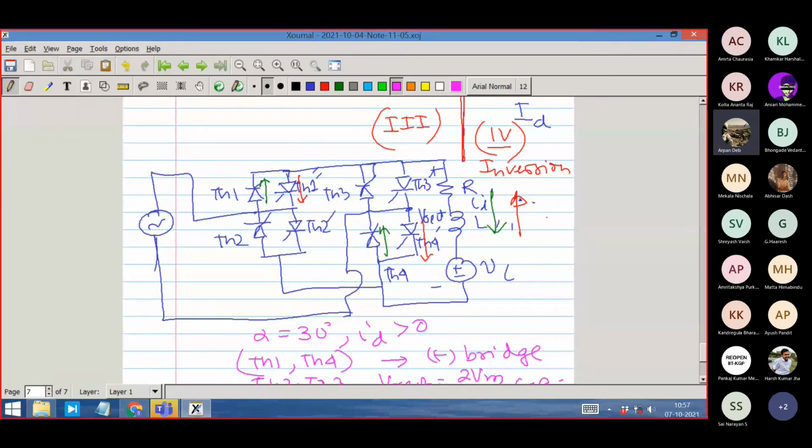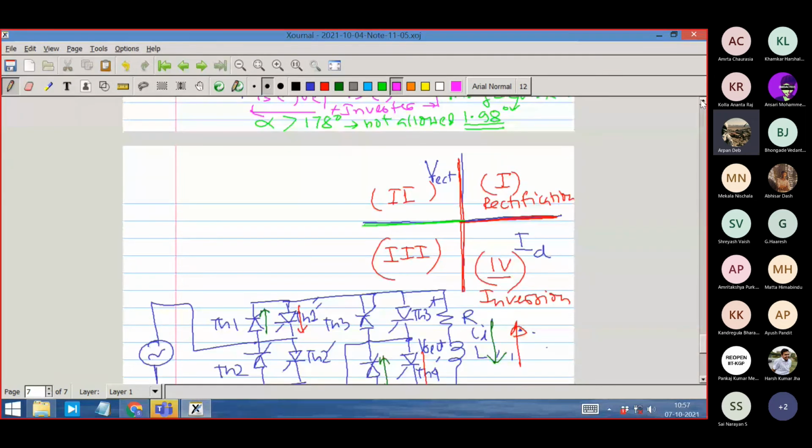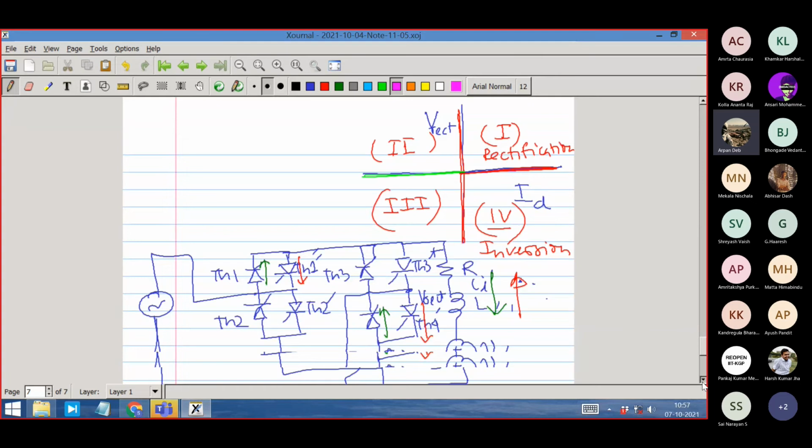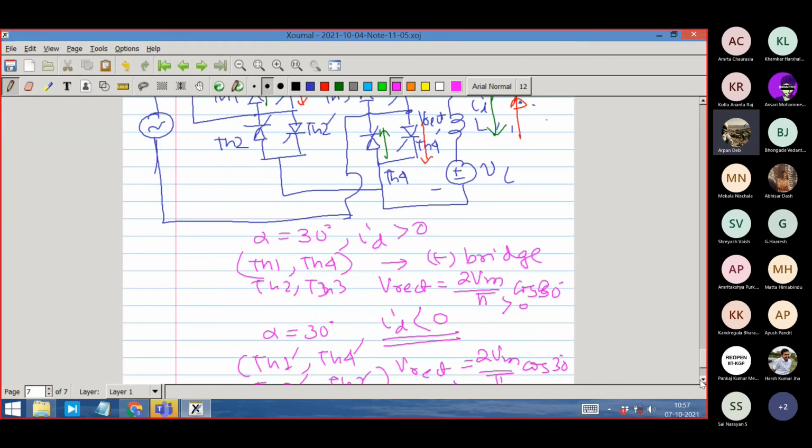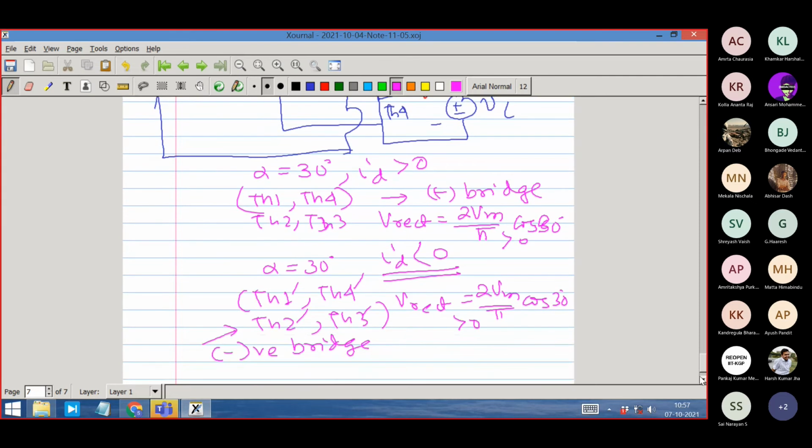Sir, in the second case, when ID is less than 0, V rectifier will be equal to Vc minus ID into R, right? Yes. Here, if you write the DC side equation, you will write minus ID R plus Vc.